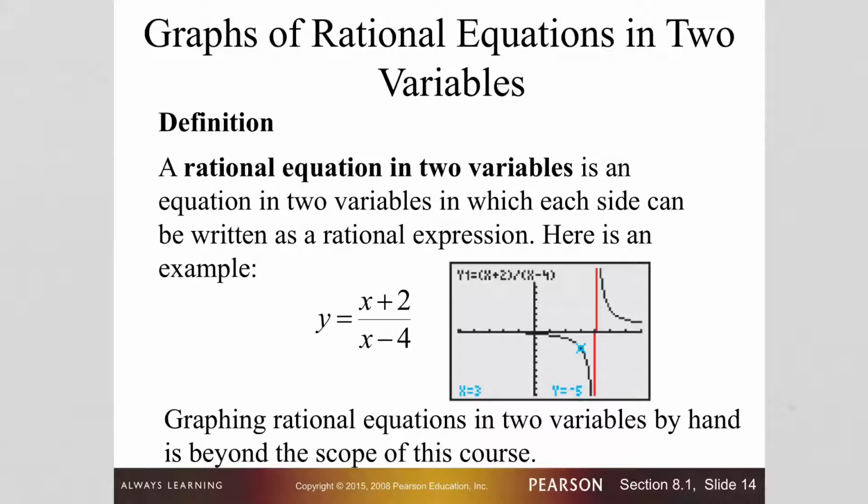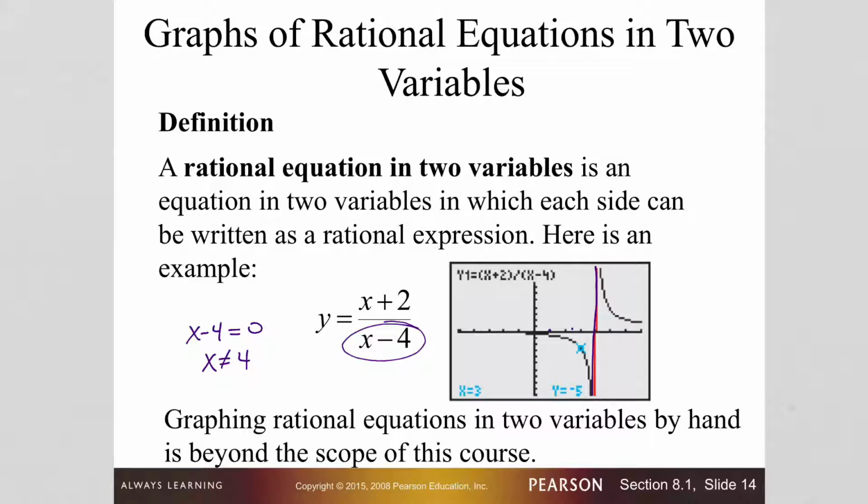All right, so take a look at this. Remember how I told you that we don't want our denominator to ever equal 0? So look at our excluded value here. If you take x minus 4, set it equal to 0, and solve, you get that our excluded value is 4. Look at this on this graph. 1, 2, 3, 4. It's where this red line is, right there.